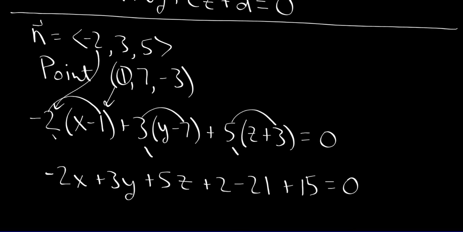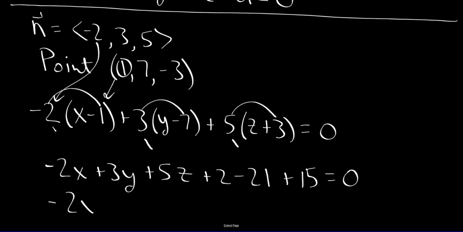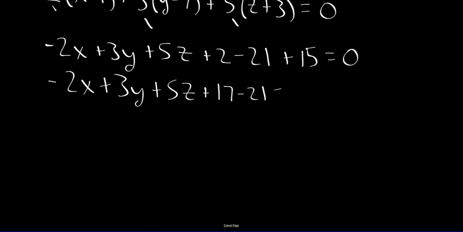Now let's go through here. Negative 2x plus 3y plus 5z. Now this is going to be 15, 2 plus 15 is 17, and 17 minus 21, and this equals 0.